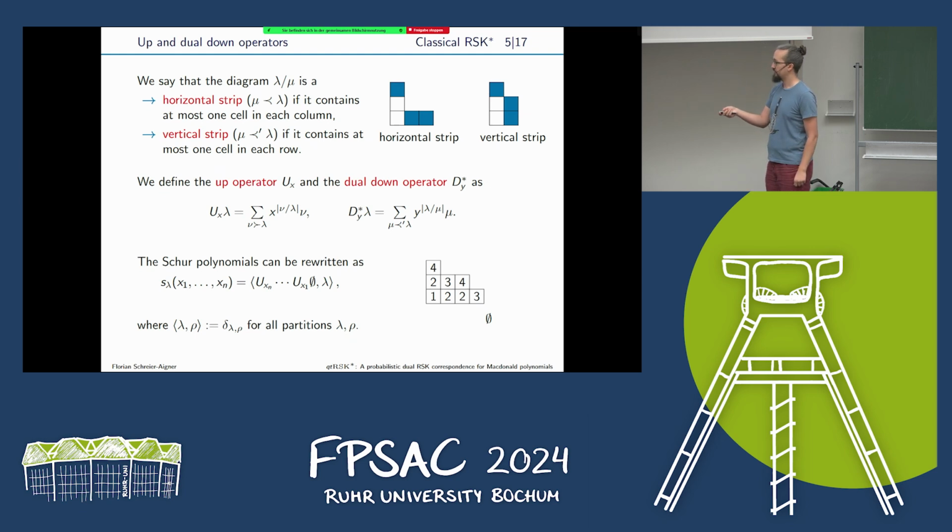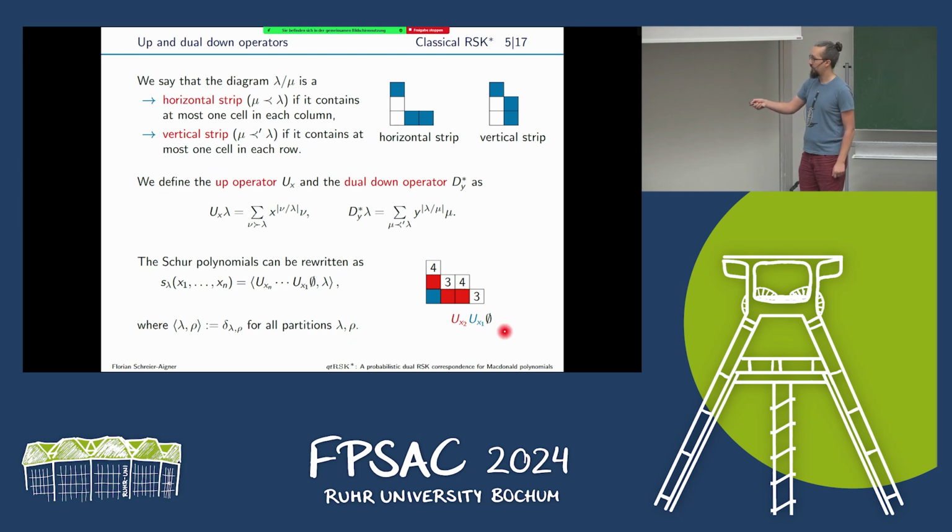So first, if we start with the empty tableau, and then we add all the ones, they form a horizontal strip. So this is one term here in this expansion of this formal sum. Then the twos, if you look only at the twos, again, they form a horizontal strip. So we see this shape here as one term in this expansion. And you can continue doing so.